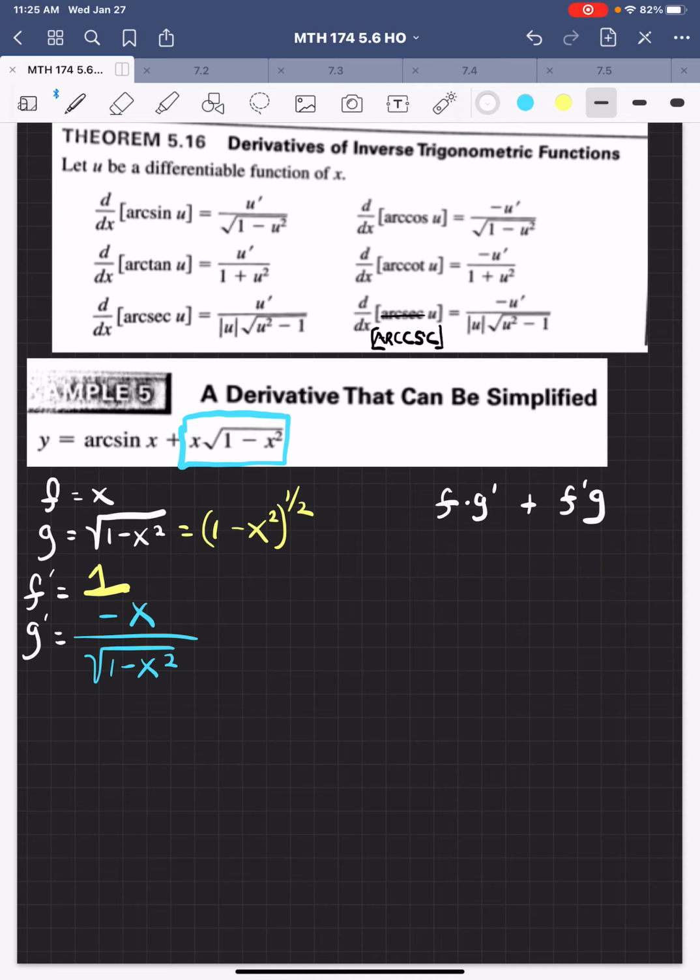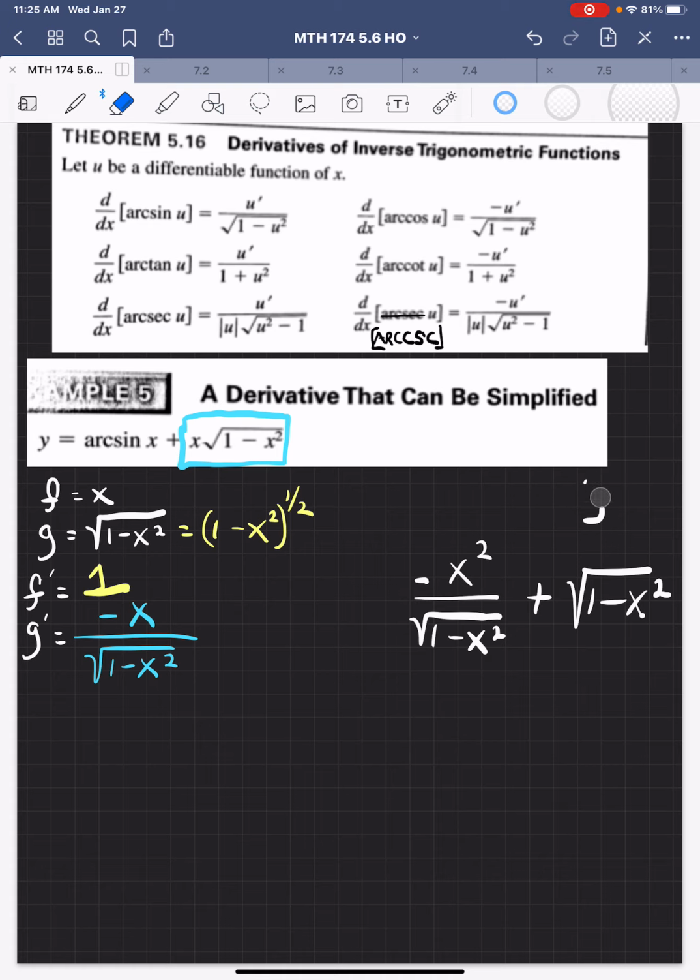So at this point you would have negative x squared over the square root of 1 minus x squared, plus the square root of 1 minus x squared. All right, so a trip down memory lane back in Calculus 1.